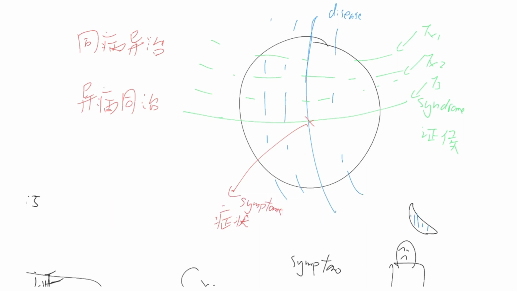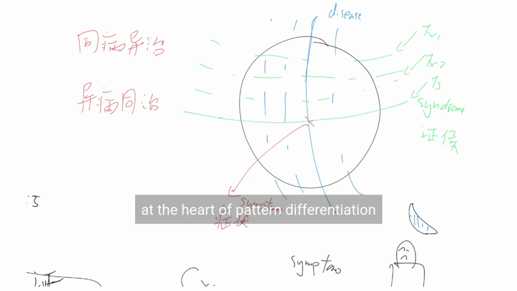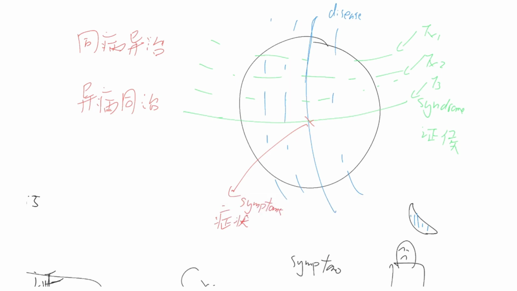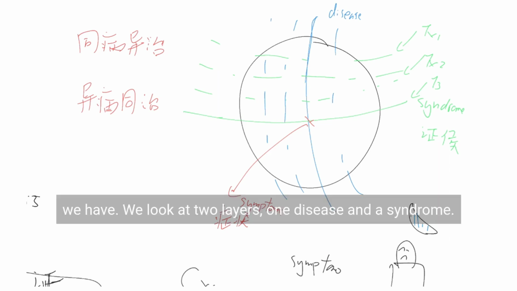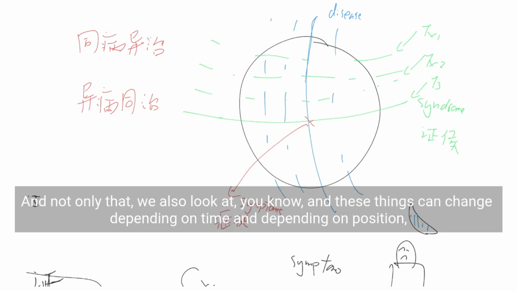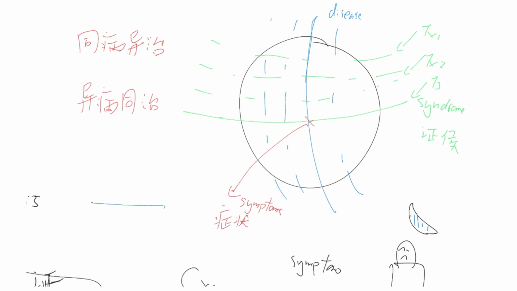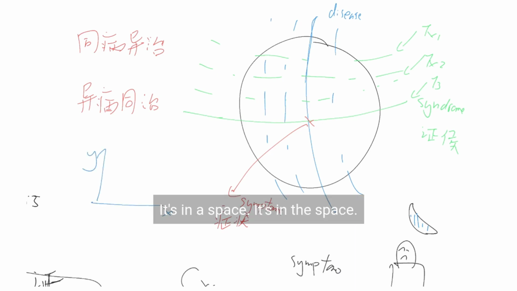This really shows us that at the heart of pattern differentiation is a really complex way of assessing. We look at two layers, disease and syndrome. And not only that, these things can change depending on time and position. It's in a space.